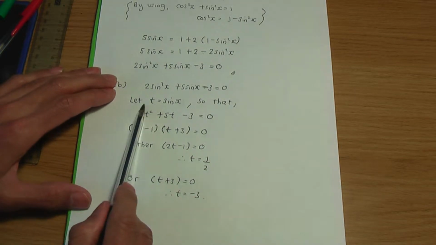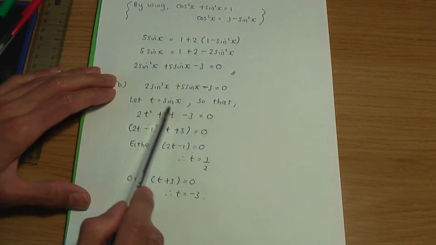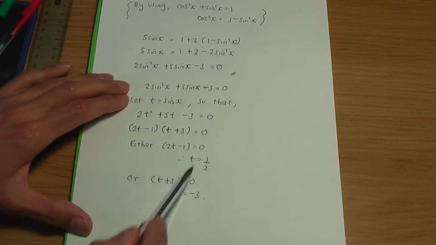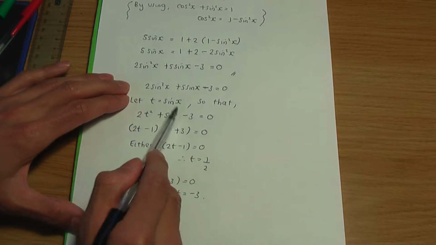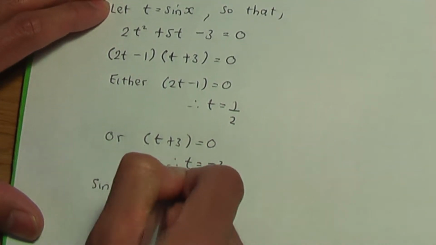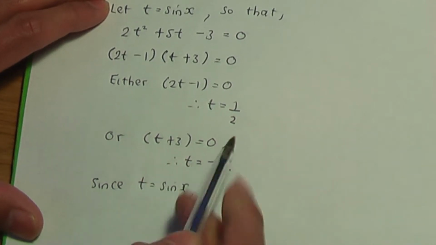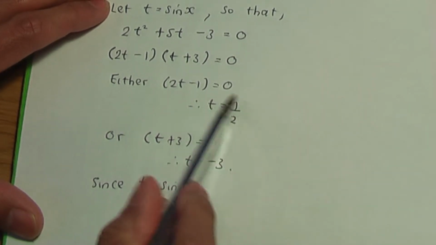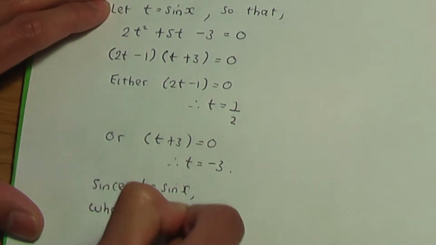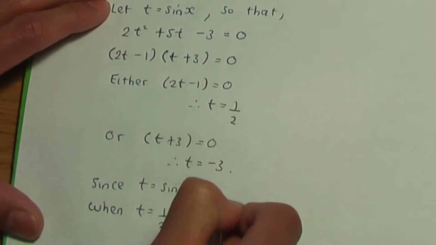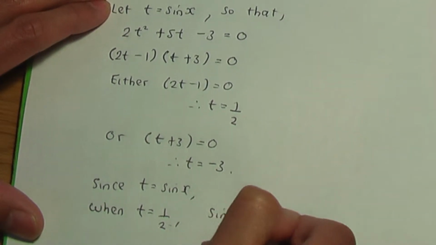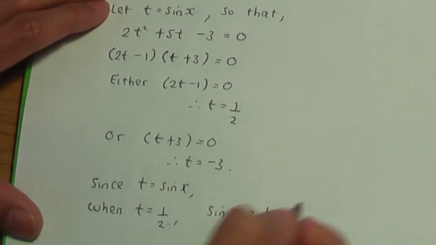Now, if I go back to the substitution that I've chosen, t is sine x, and I have two values of t. So let me plug in these two values of t into this equation. Since t is equal to sine x, let's find an equation for when t equals a half. When t is equal to a half, that means that sine x is equal to a half.